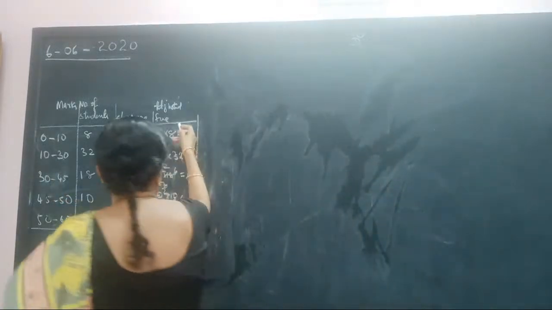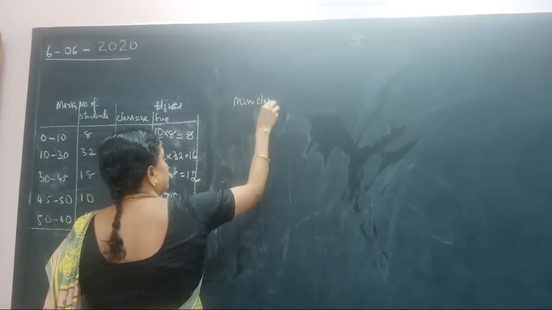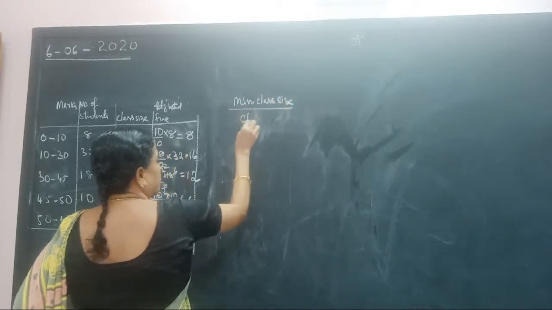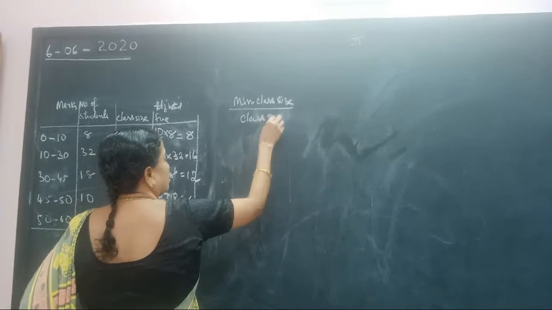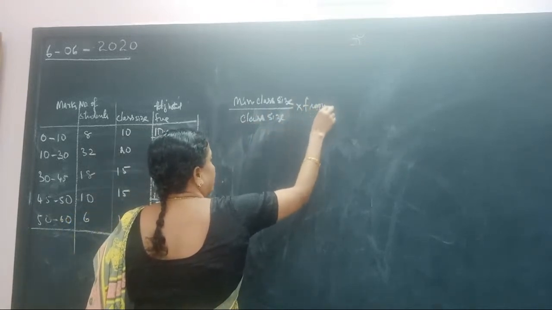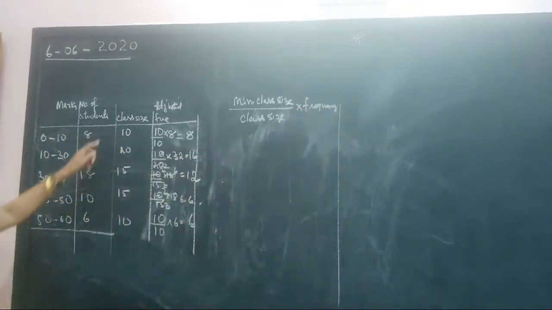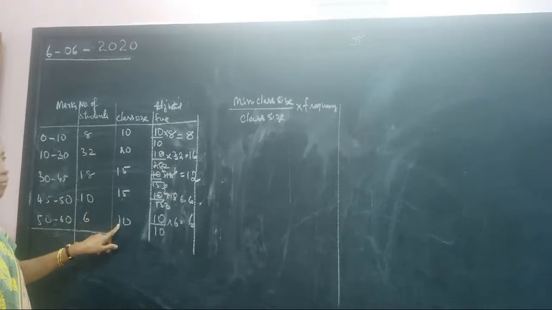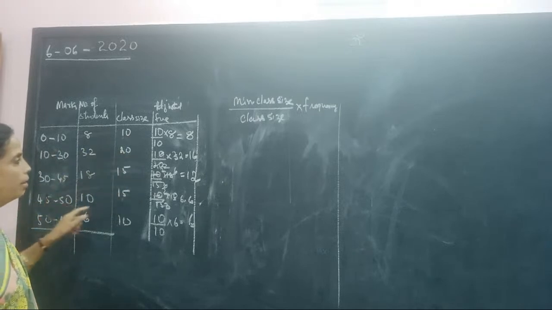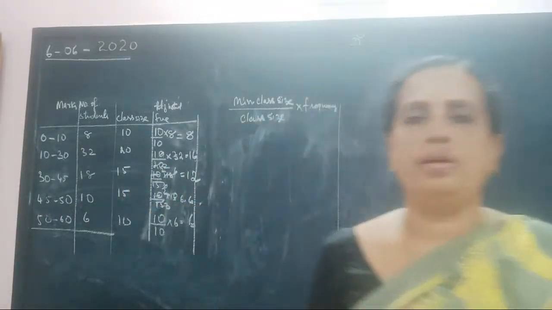Here the adjusted frequency is the minimum class size by the class size, into the frequency. This calculation you can work out in the column. Among the class sizes, 10 is the minimum, divided by the corresponding class size, into the frequency. Every calculation I did gives 8, 16 and so on.